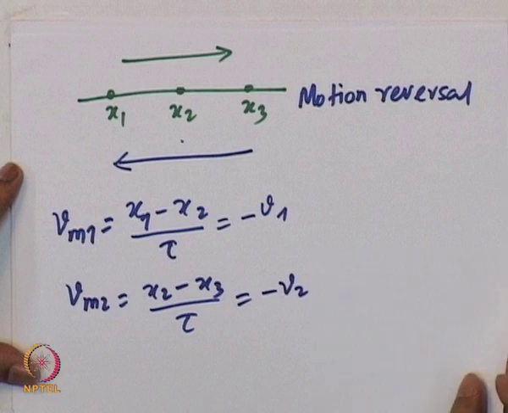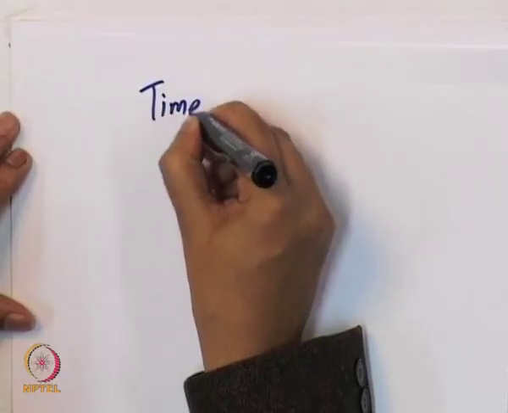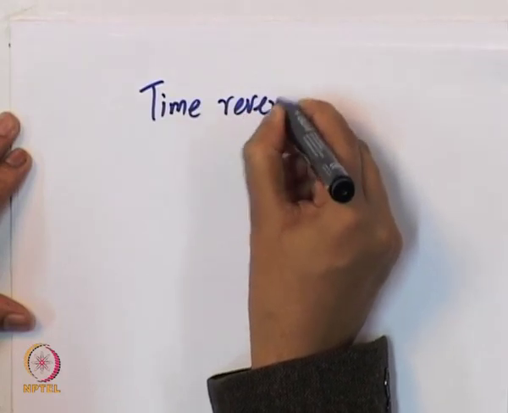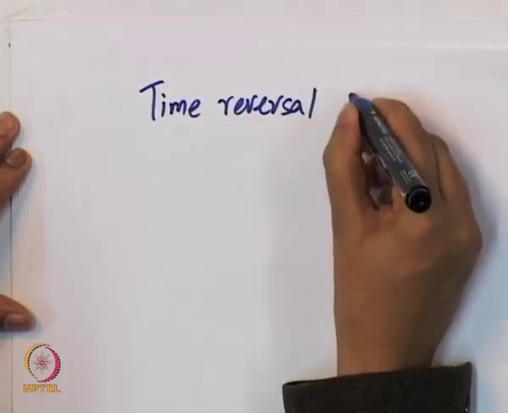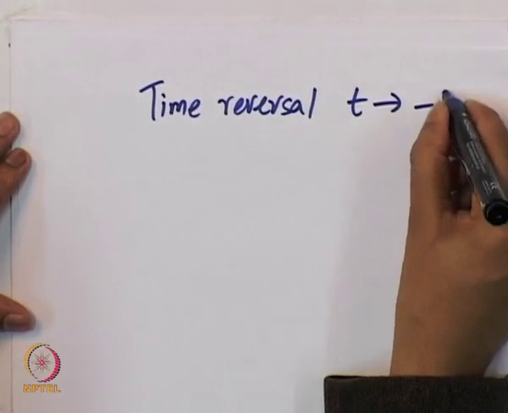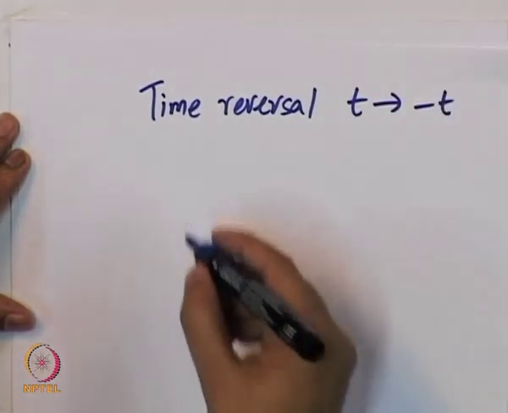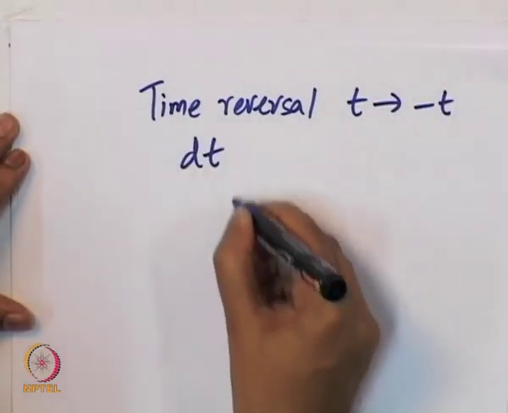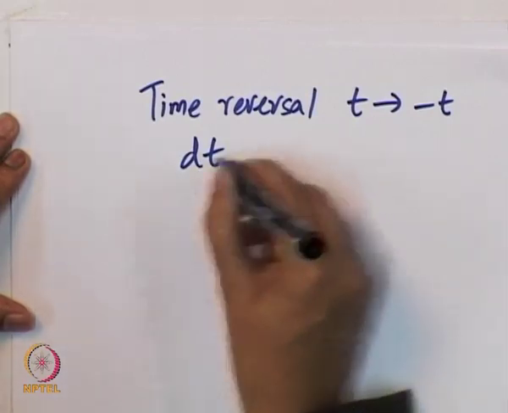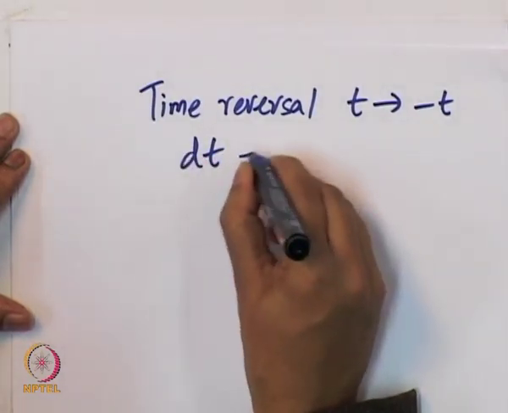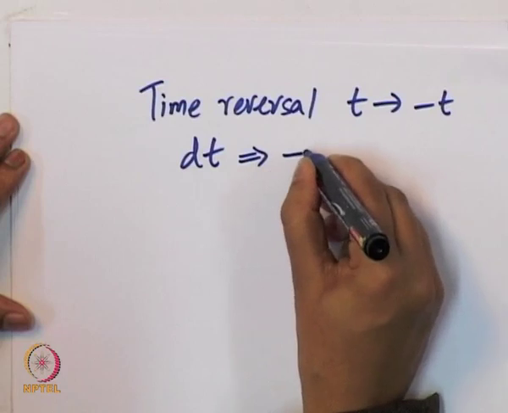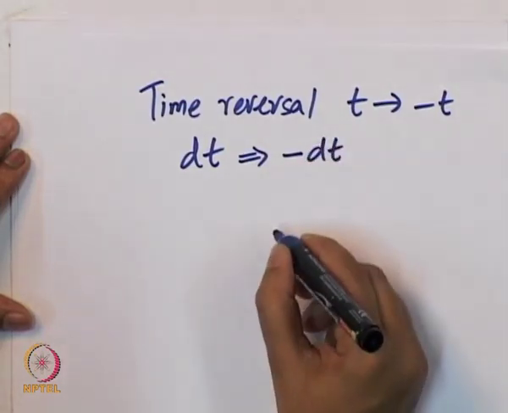So what we have got now is, we call time reversal, t becomes minus t. So when you have delta t, we have to use minus delta t.